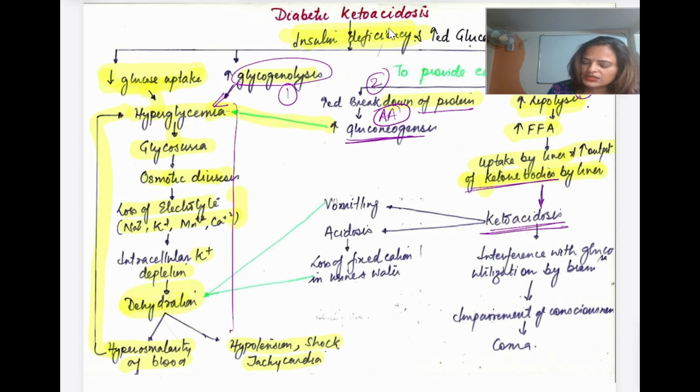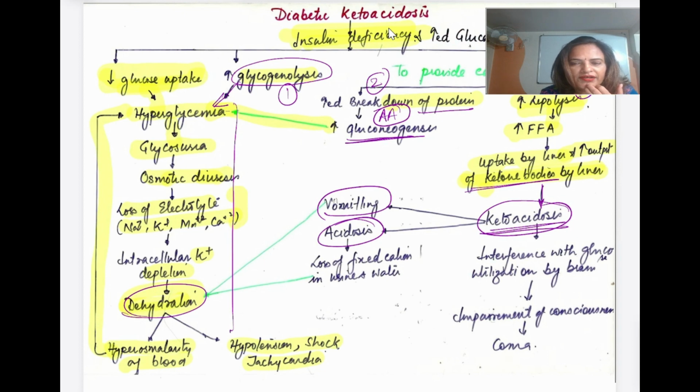Now once ketoacidosis happens, what are the cardinal features? The patient will have vomiting, acidosis, and dehydration, along with loss of ions. Once ketoacidosis happens, it interferes with the utilization of glucose by the brain.